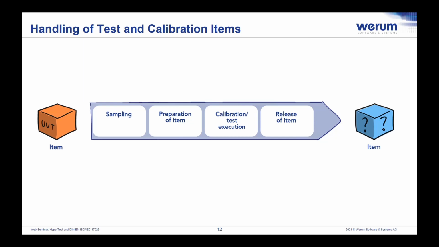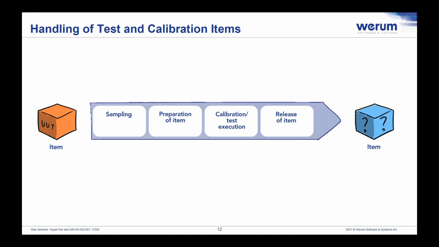The second process the standard describes deals with the handling of test and calibration items. This process too can be supported by HyperTest to achieve unambiguous traceability in this area.